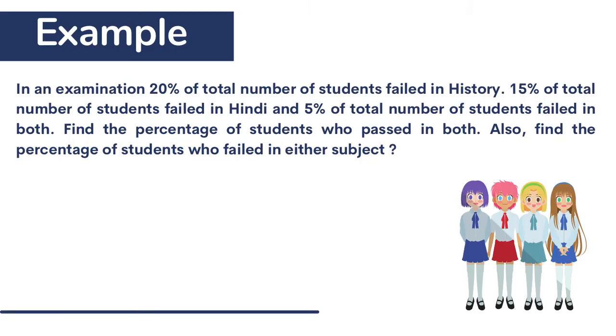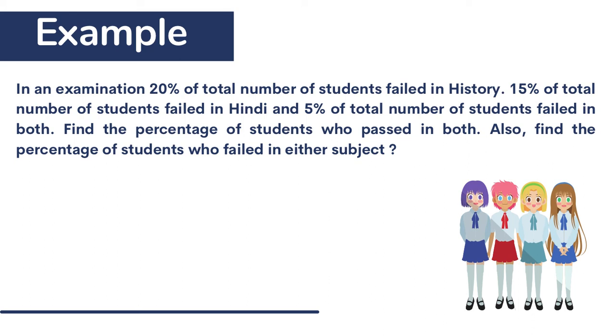Let's see this example. In an examination, 20% of the total number of students failed in History, 15% failed in Hindi, and 5% failed in both. Find the percentage of students who passed in both. Also find the percentage of students who failed in either subject.